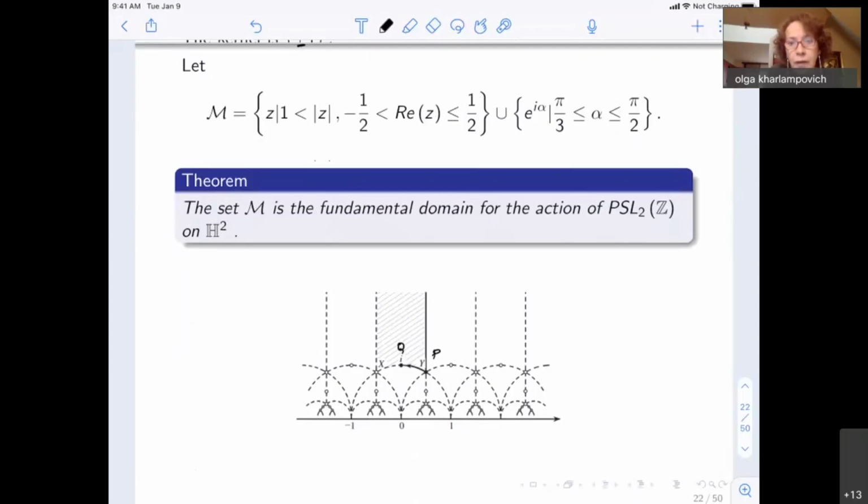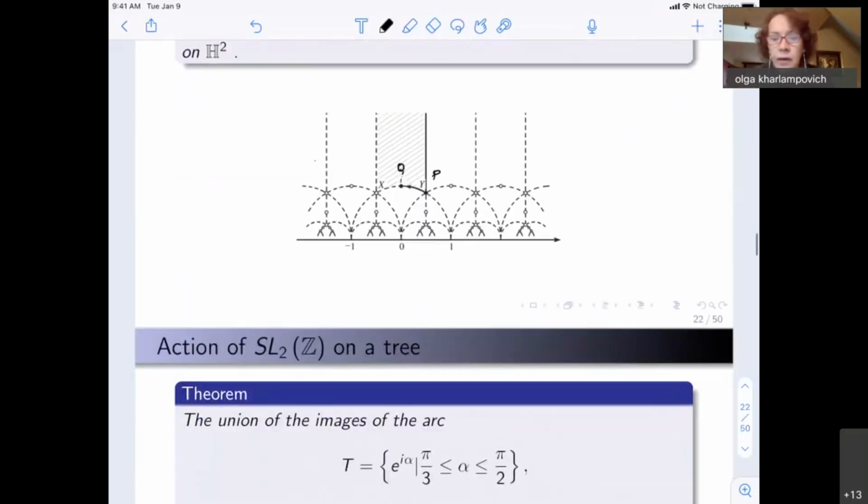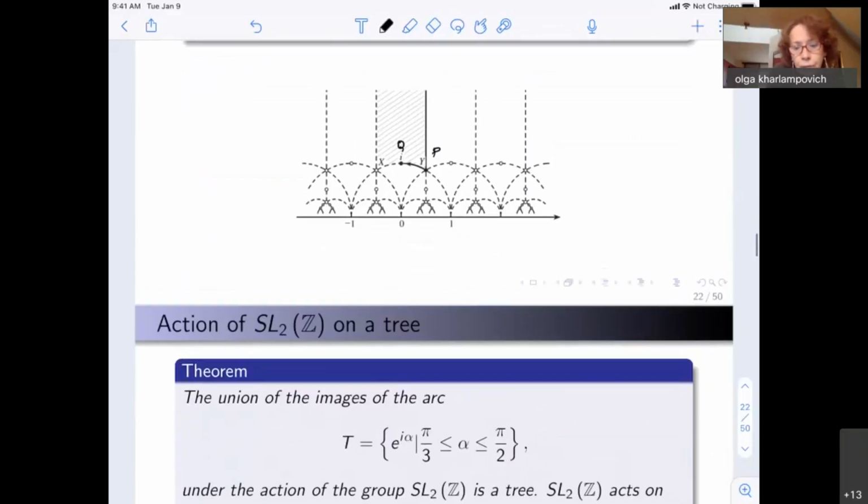Then this arc, with this point Q and this point P, is the set of points e^(i alpha), where alpha is between pi over 3 and pi over 2.